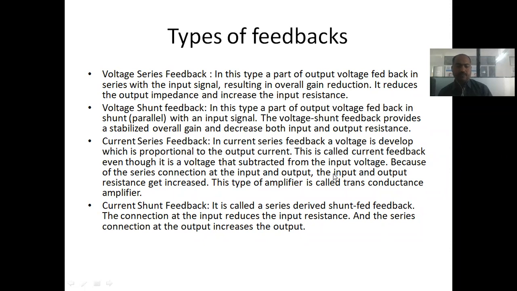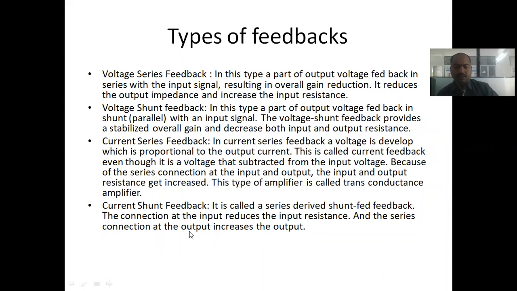With respect to current shunt feedback, we have applied the signal, that signal is coming across the output, and again that signal is applied to the input, right? So that signal is applied to the input with shunt. Shunt indicates parallel to the input. So in current shunt feedback, that signal must be in shunt with the input. That's why it is called the current shunt type of feedback, right?